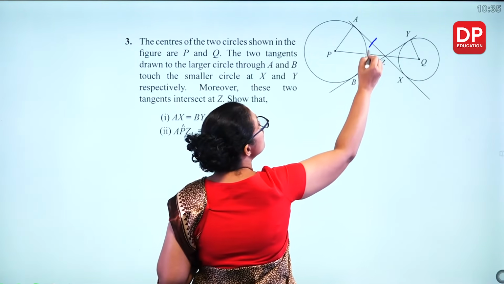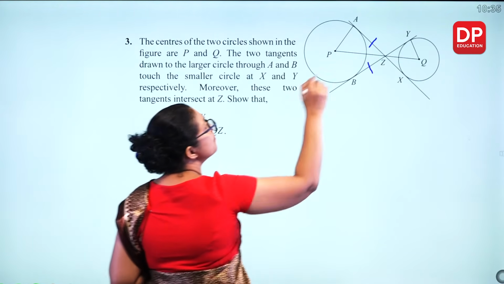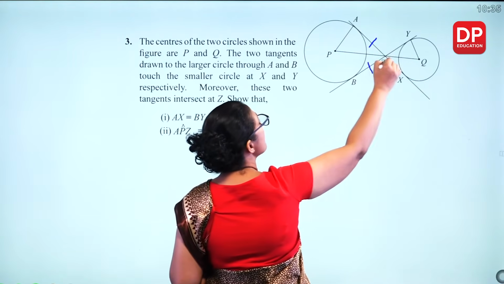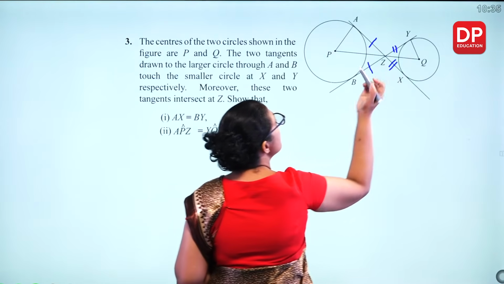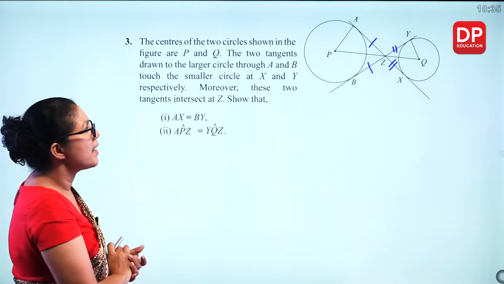We know that these two lengths are equal, same lengths, because these two are tangents. This length is equal to this length. So when you add it, you get AX equals BY.